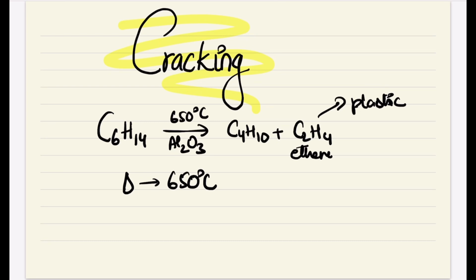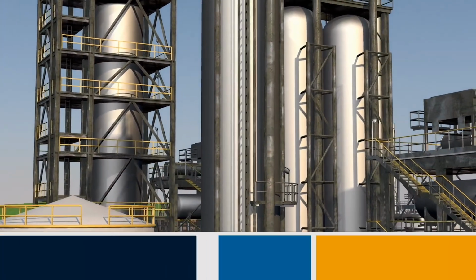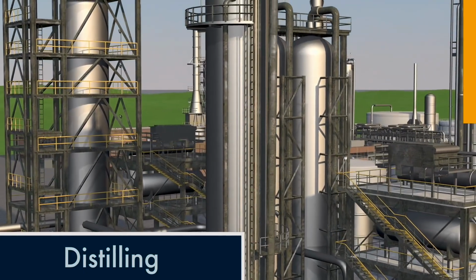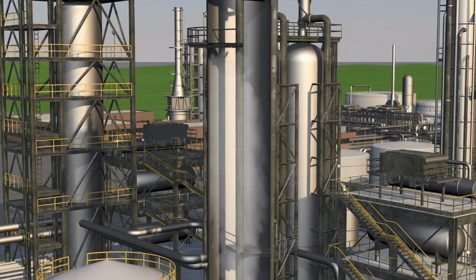So an important application of cracking is usually in the oil industry. So that is what it's called cracking, because it's done in a fractional distillation column. As you can see from this video that I've taken from the American Petroleum Institute, the vapor rises into this column. So this is basically crude oil vapor.